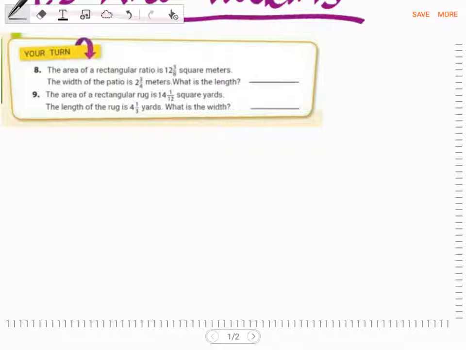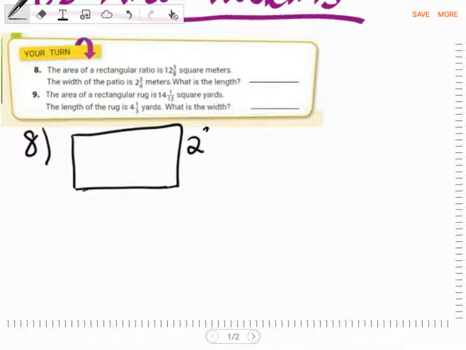For number 8, it says the area of a rectangular patio is 12 3/8 square meters. The width of the patio is 2 3/4 meters. What is the length? If you wanted to draw out a picture, you're more than welcome to. Okay, that's not very pretty, but it exists. The width is 2 3/4 meters long.